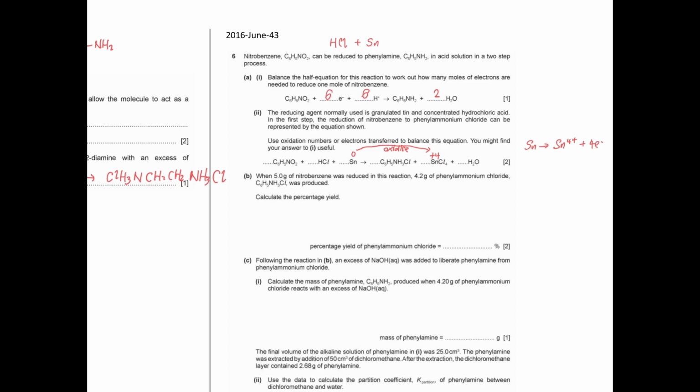Our equation in part 1 involves 6 electrons, our second equation involves 4 electrons. To find the overall equation, the main idea is we have to make the electrons the same. The common multiple of 6 and 4 is 12. So we times the first by 2 to change this to 12 electrons, so this becomes 2, this becomes 12, this becomes 12, this becomes 2, and this becomes 4.